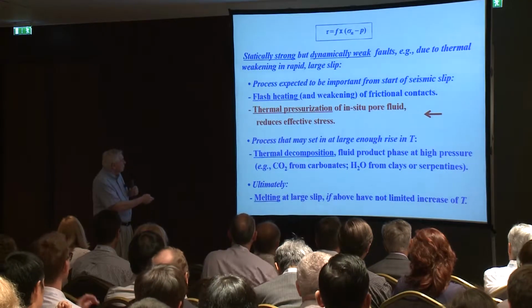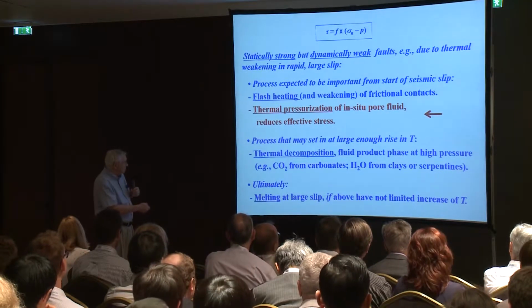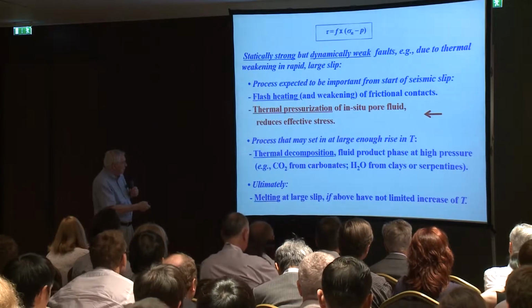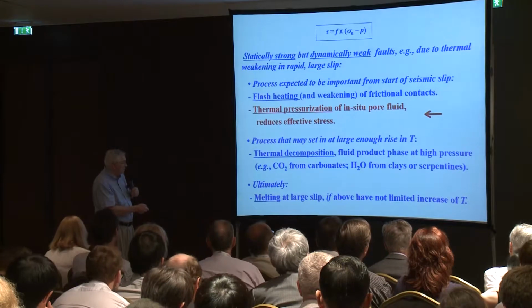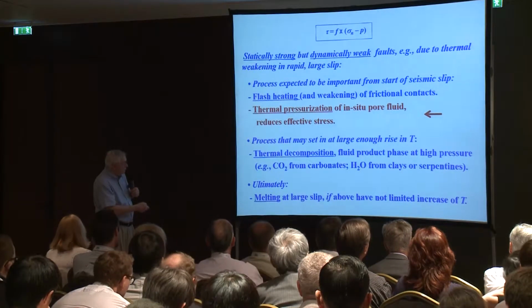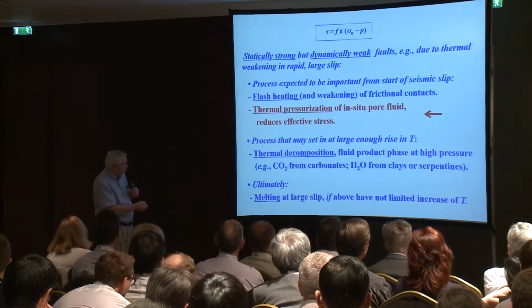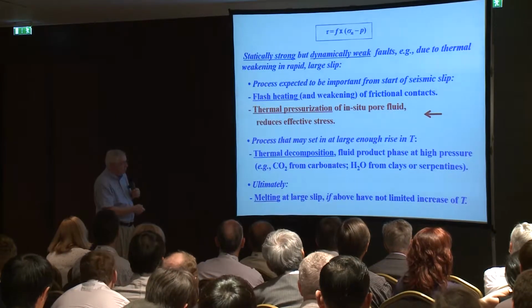Now, those are the main processes that we look at. Other more complex things can set in with a large enough rise in temperature, and in fact the fault zone minerals may undergo thermal decomposition.